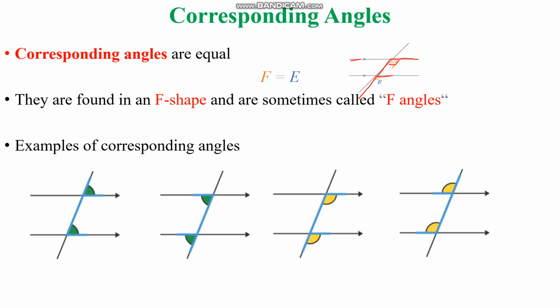This is kind of an F, so sometimes they are called F angles. Okay, so you should notice that F and E are equal, so generally corresponding angles are equal. So these diagrams here give examples of corresponding angles.